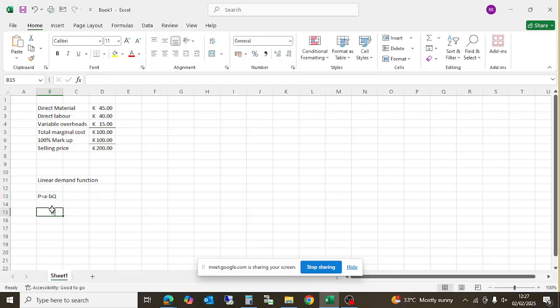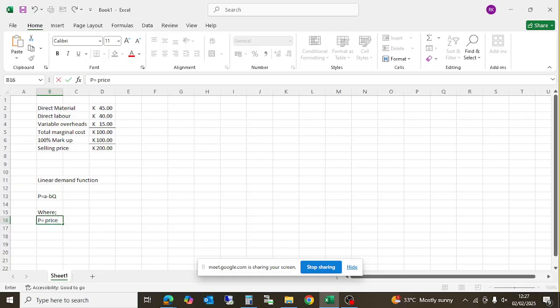The linear demand function is P equals A minus BQ. Let me just explain these letters so that we get to understand them. Our P, guess what it represents? It represents the price. So P represents the price of the product that we are selling per unit, or the price of each product.